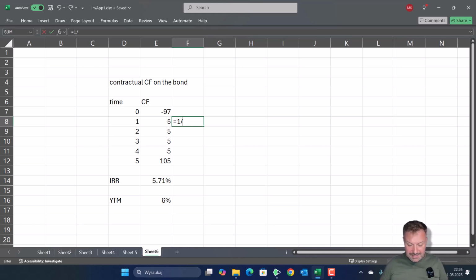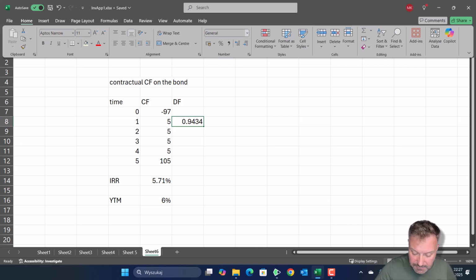So I'm adding the discount factor here, and the discount factor is 1 divided by 1 plus 6%. Again, I'm fixing this formula. I'm raising this fraction to the power of 1. And I get the discount factor with 3 decimal places.